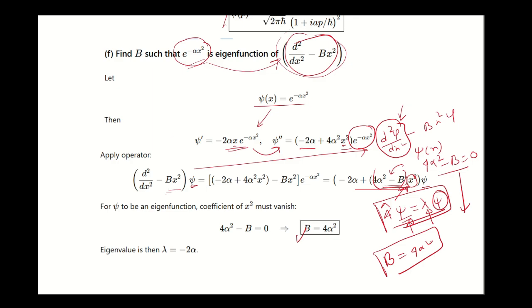If we talk about the eigenvalue, then d2/dx2 minus b x squared operating on psi gives minus twice alpha times psi of x. So here minus 2 alpha is the eigenvalue of this operator, and b will be 4 alpha squared, so that it can follow the eigenvalue equation.